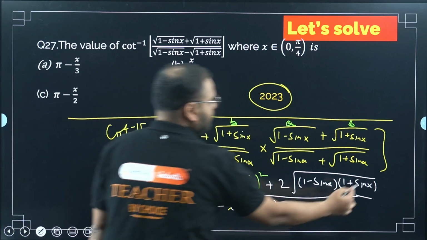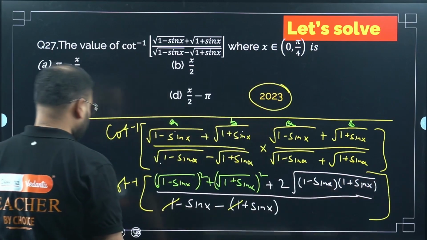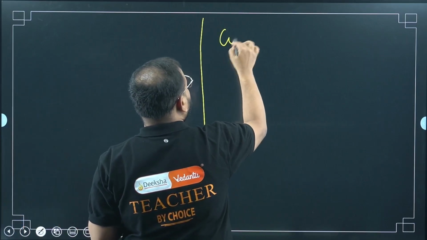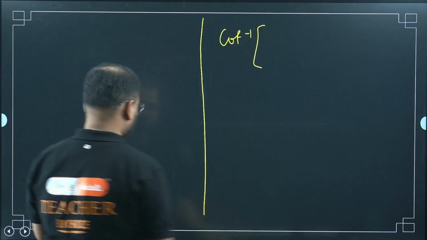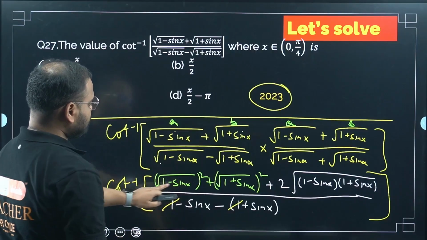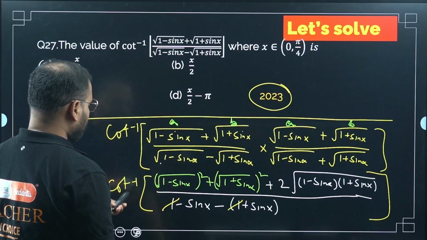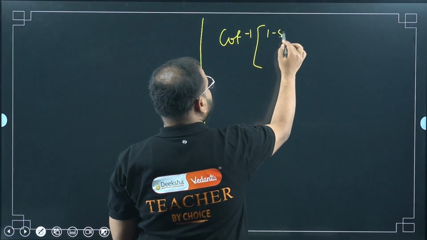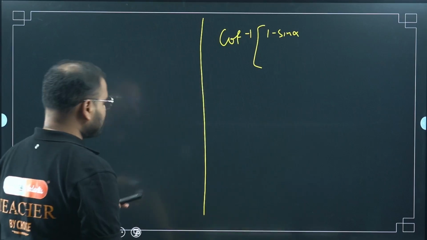Now I'll add this in this step here. Cot inverse of, please check. I'll get this as 1 minus sine x. The square and root will cancel each other, so 1 minus sine x is left here. What about next?